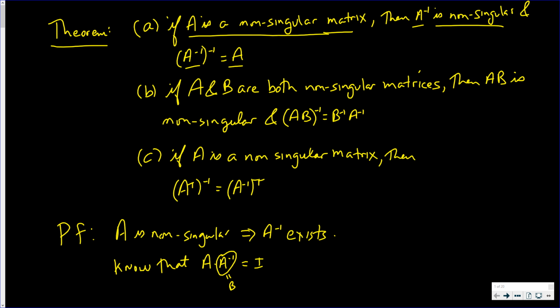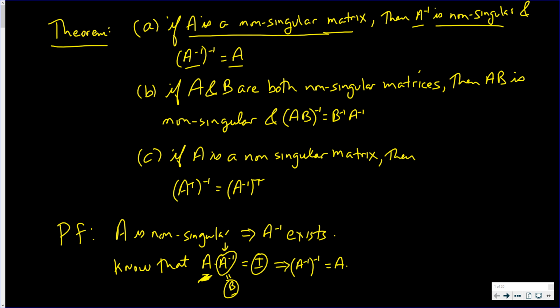If A times B is I, that means this matrix must be the inverse of B. That implies the inverse of that matrix, which is A inverse, must be A.